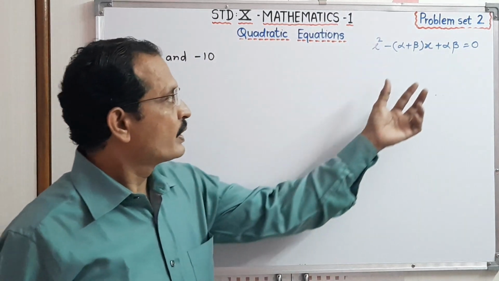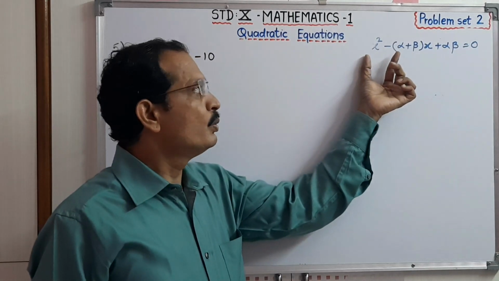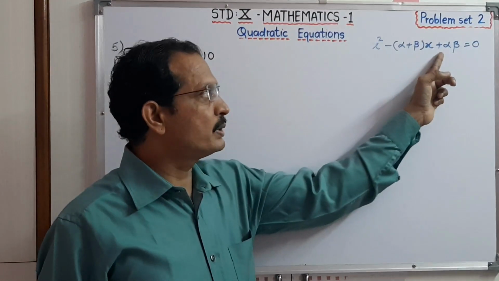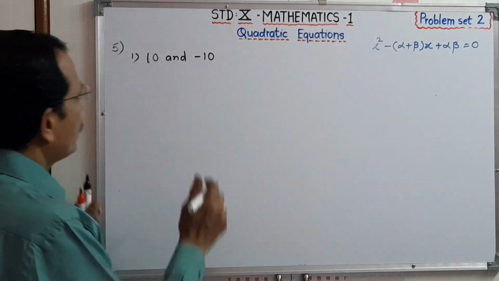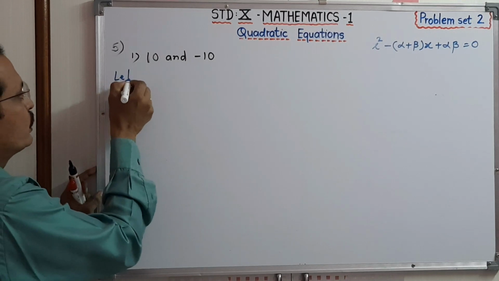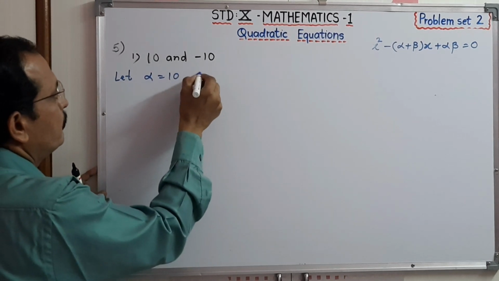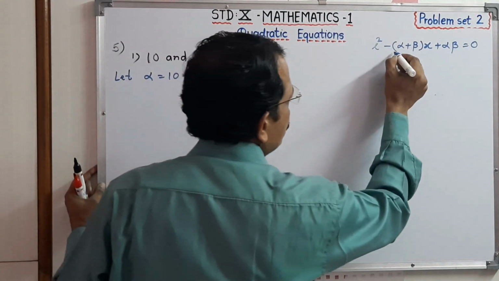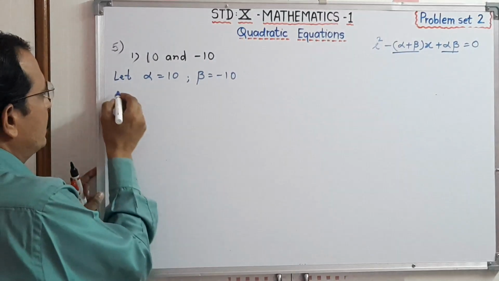That means when alpha and beta are the roots, and if we have to frame the equation, we have to use x square minus alpha plus beta into x plus alpha into beta is equal to 0. For that purpose, we have to assume that let alpha is equal to 10 and beta is equal to minus 10. For that, first of all, we have to find out alpha plus beta and alpha into beta.